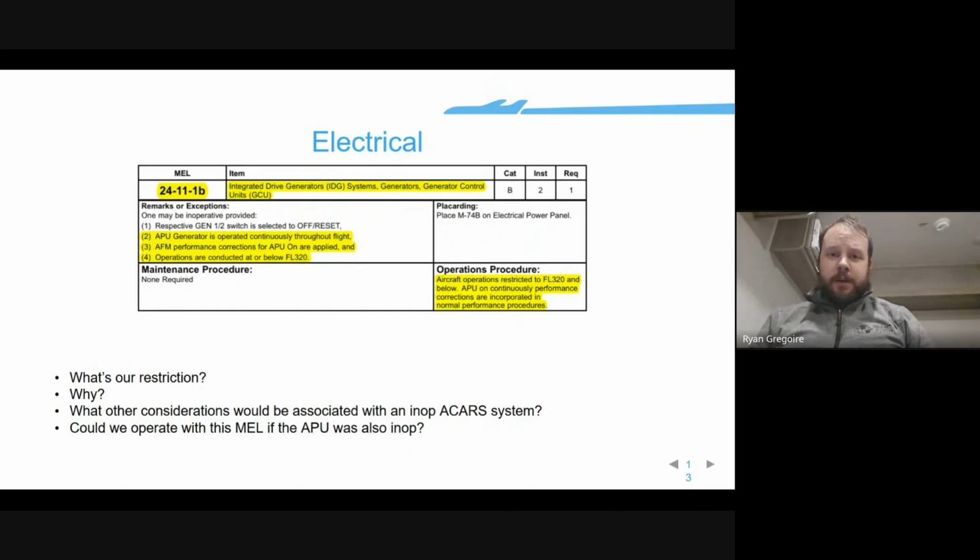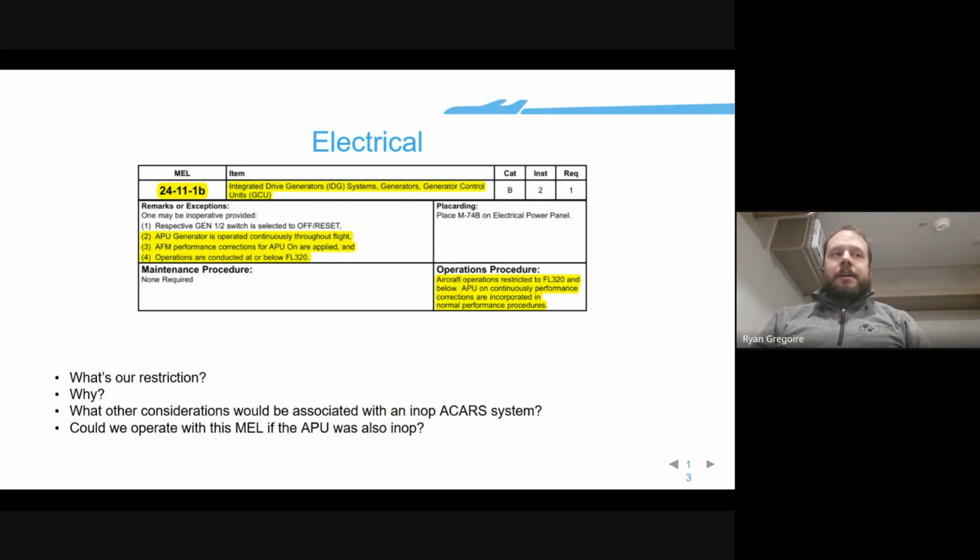So with that consideration, if we had this MEL 24-11-1 Bravo for an inoperative integrated drive generator, could we legally dispatch this flight if we also had an MEL for the auxiliary power unit? Very good.